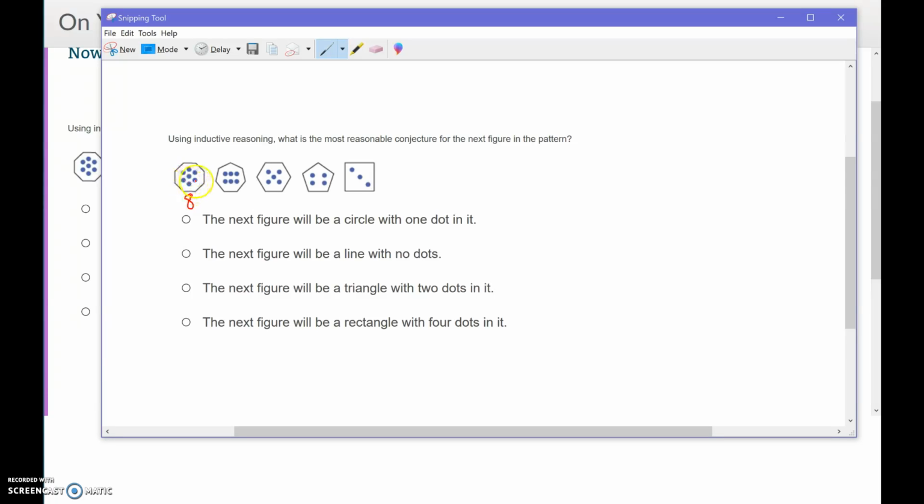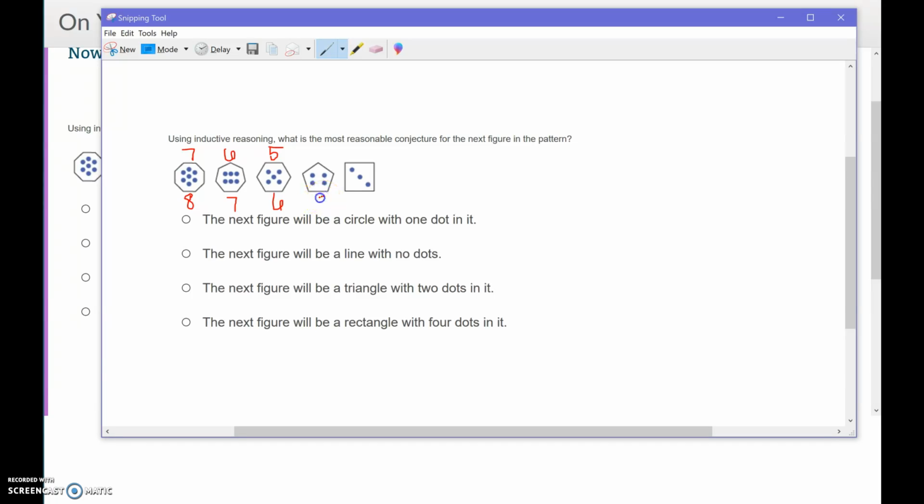And it has 1, 2, 3, 4, 5, 6, 7 dots. This next figure is a heptagon with 7 sides, and it has 6 dots. Then we have a hexagon, which has 6 sides, that has 5 dots.